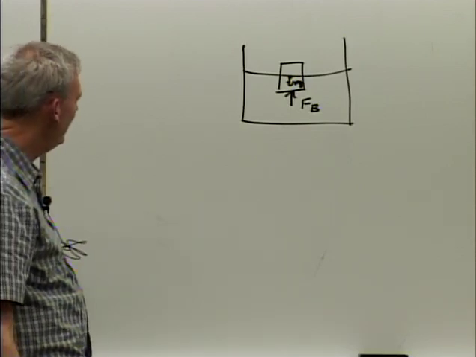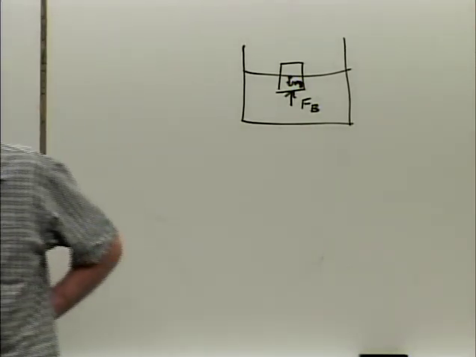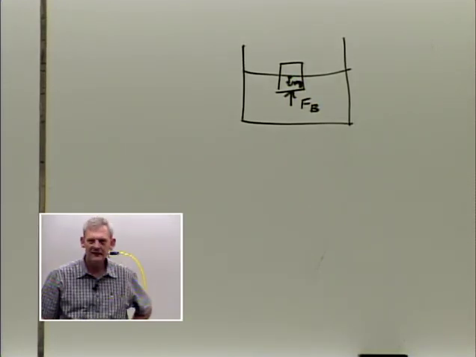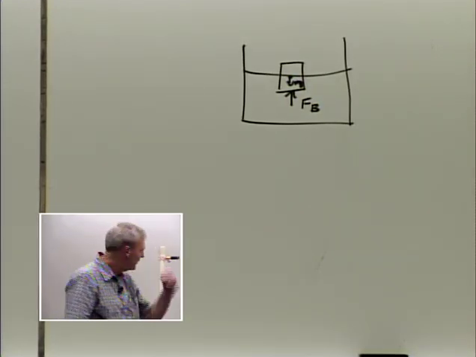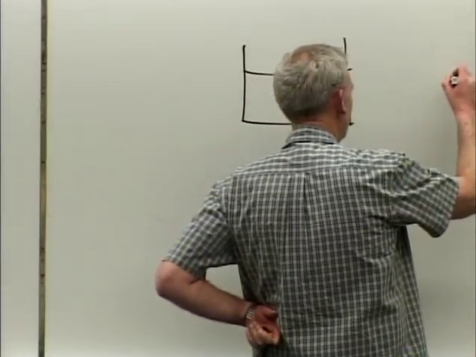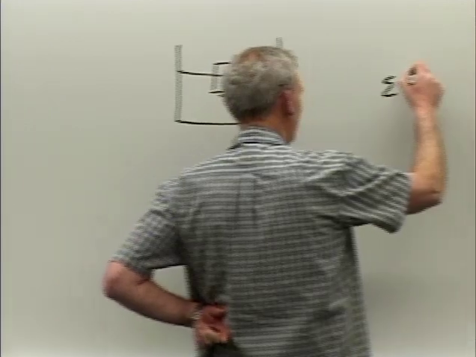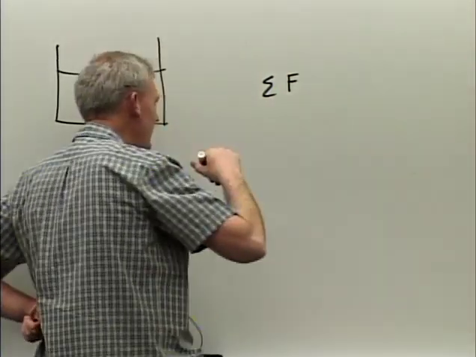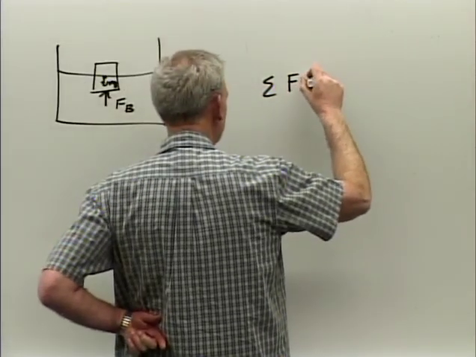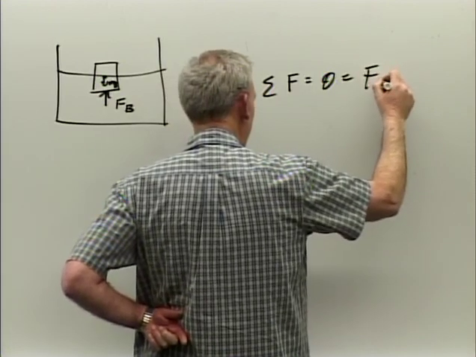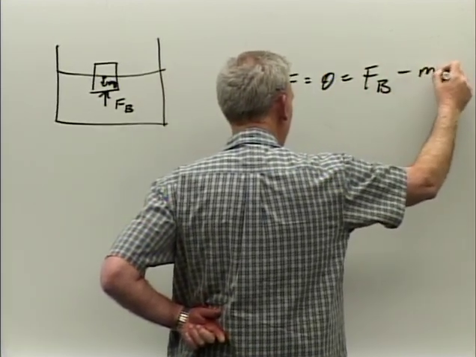All right. What two forces do I have here? mg and the buoyant force, right? When everything's in equilibrium, the net force is 0, so FB minus mg equals 0.